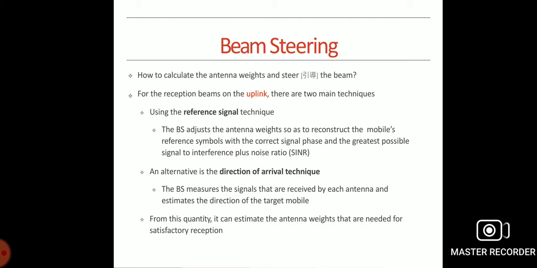Alternatively, there is the direction of arrival technique. The base station measures the signals received by each antenna and estimates the direction of the target mobile. From this quantity, it can estimate the antenna weights that are needed for satisfactory reception.